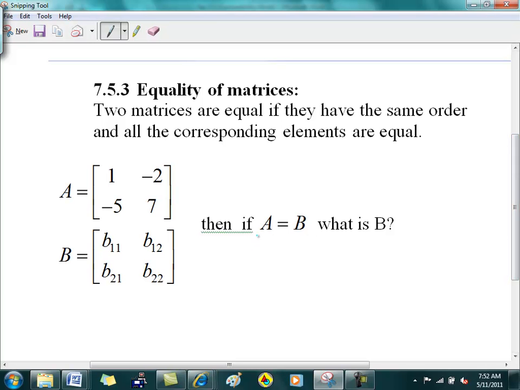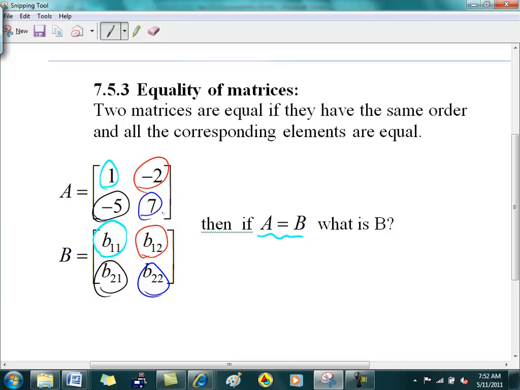So if I say that A is equal to B, then this guy is going to be equal to that. This guy is going to be equal to that. This guy is going to be equal to that. And this guy is going to be equal to that.